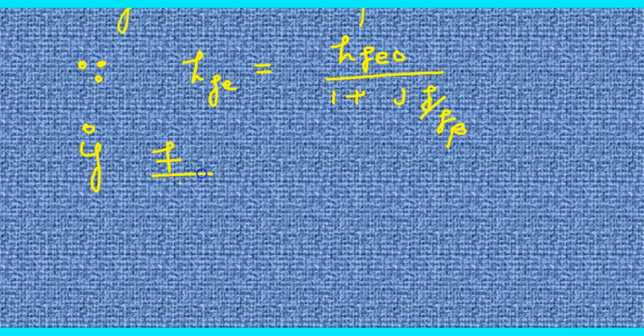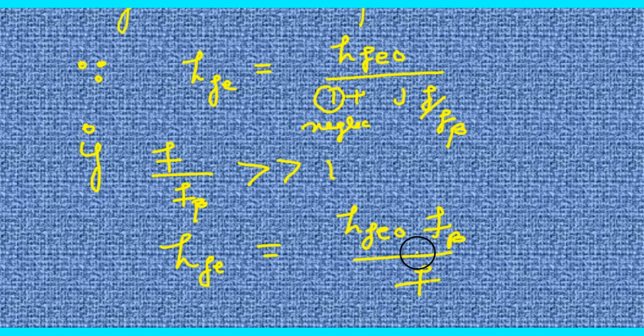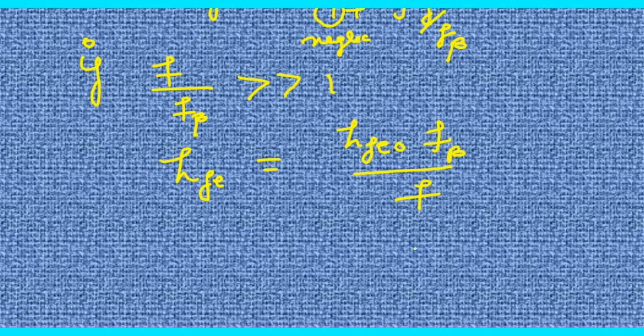And if f upon f beta is greater than 1, then 1 may be neglected from here, and HFE becomes HFEO, meaning at very low frequencies the forward current ratio. The value of f beta we already calculated, just watch my previous video.